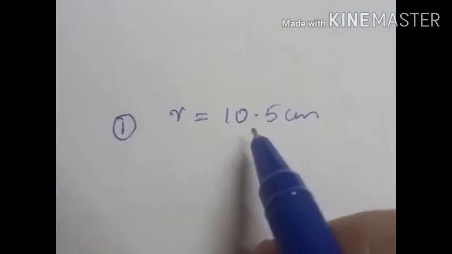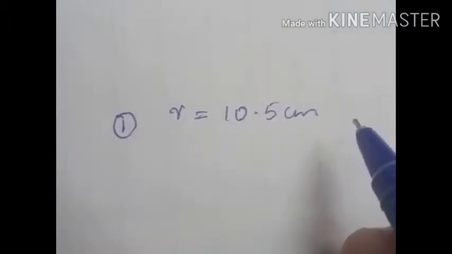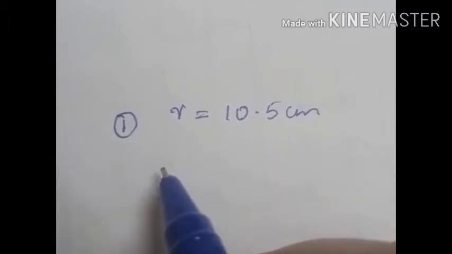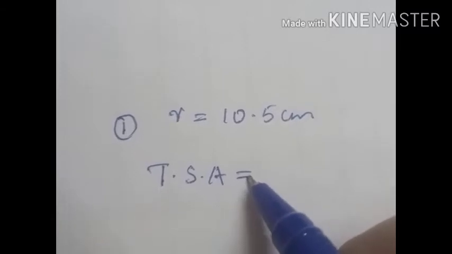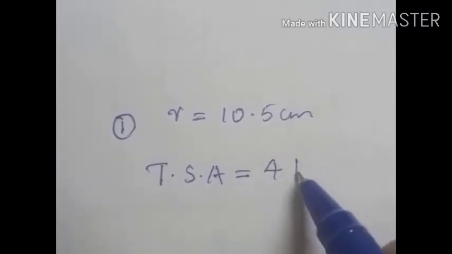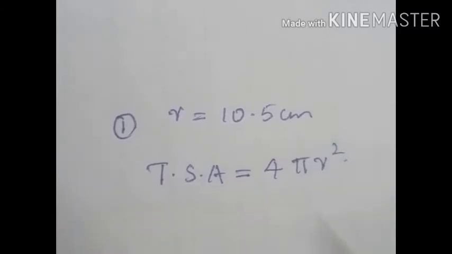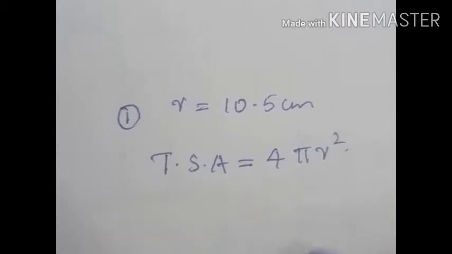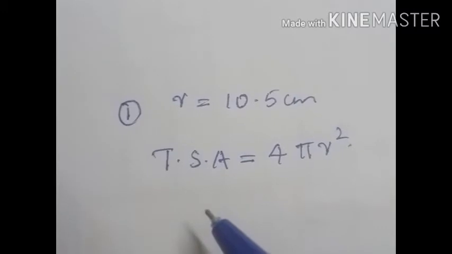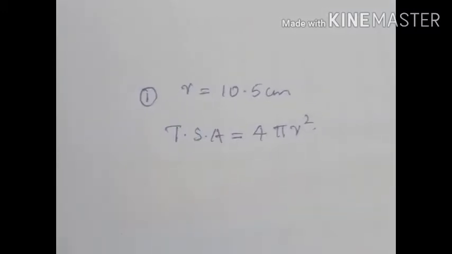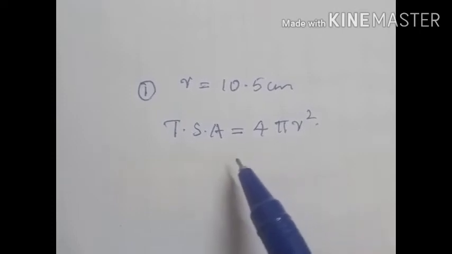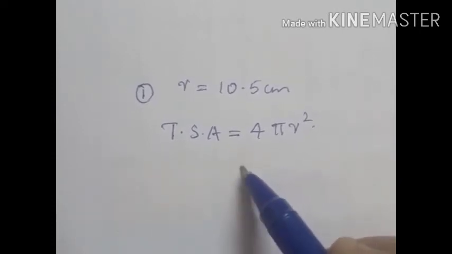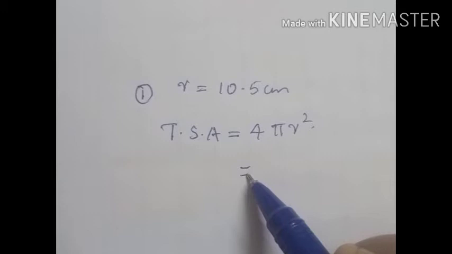We have to find the surface area, that means the total surface area of the sphere, that is equal to 4 pi r square. In this exercise, it is given that pi equals 22/7 unless stated otherwise. Here it is not given separately, so we can use the value of pi as 22/7.